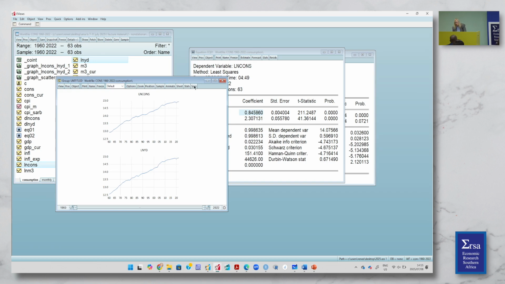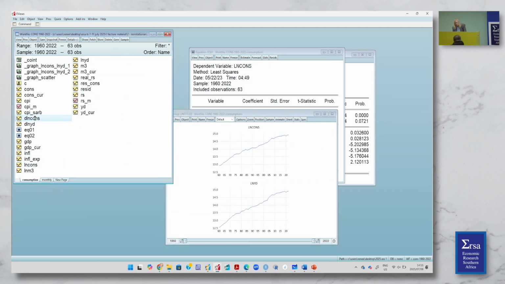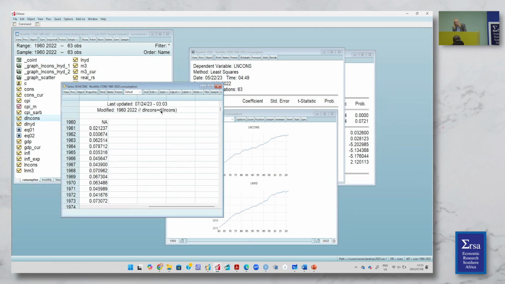If we difference it, these series I have generated by applying the difference operator, but you could also have written ln-cons minus ln-cons lagged by 1, or applying the difference operator in any other language.